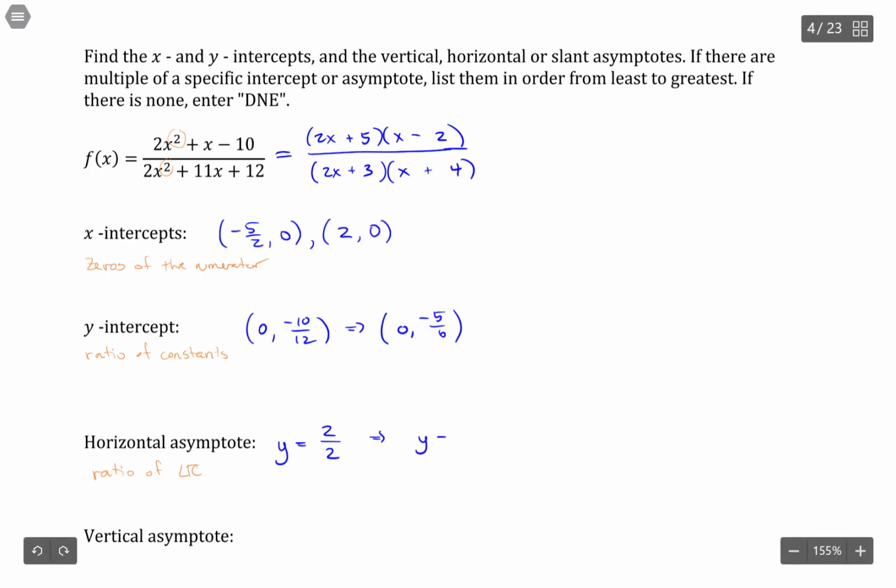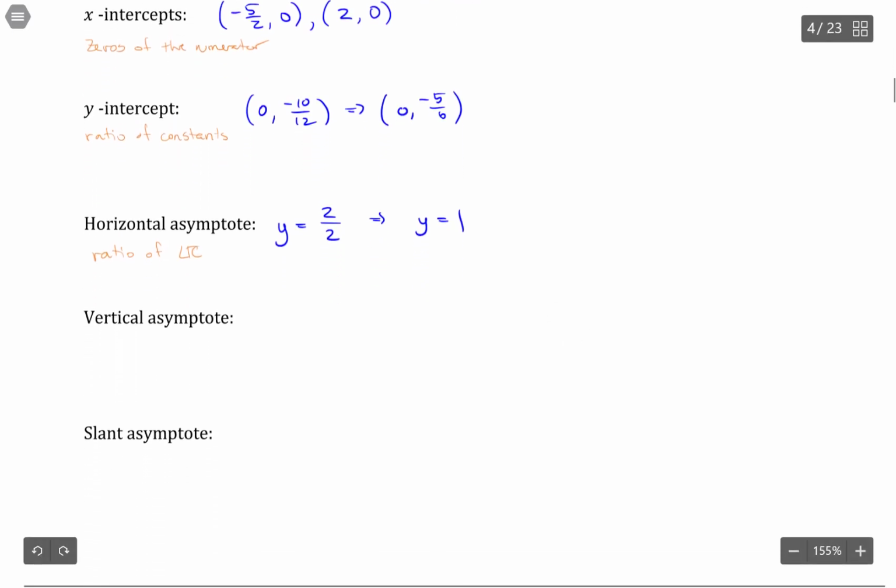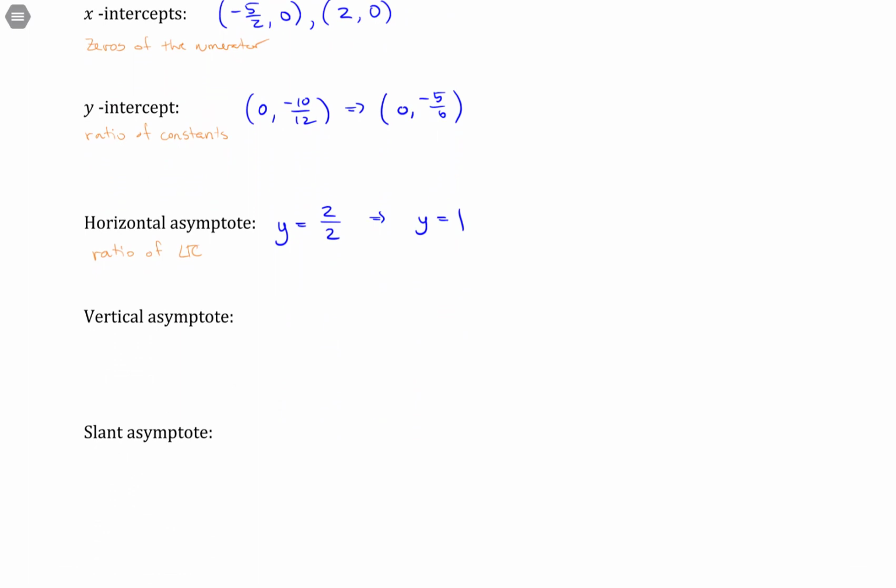So in this case, we have y equals 1. Now, if we have a horizontal asymptote, that rules out the possibility of a slant asymptote. You can't have both a horizontal and slant asymptote, so one of those two is not going to exist.